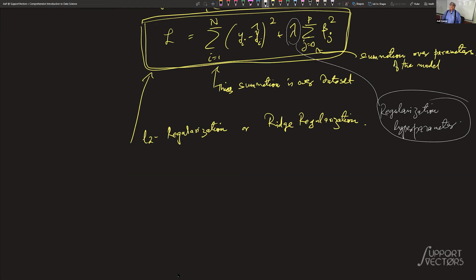Because for each combination of hyperparameters n and lambda, you have to do one more machine learning exercise. You have to train the model all over again, and there are infinitely many values. So how will you find the best?